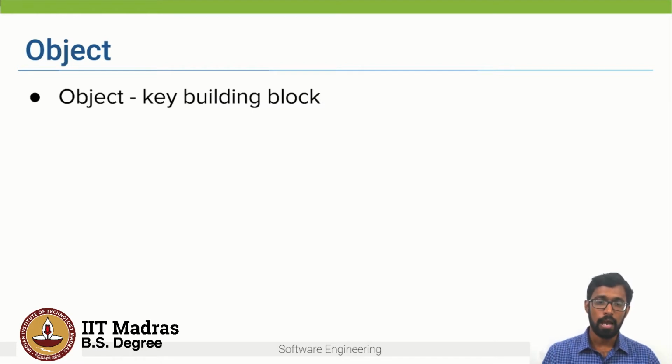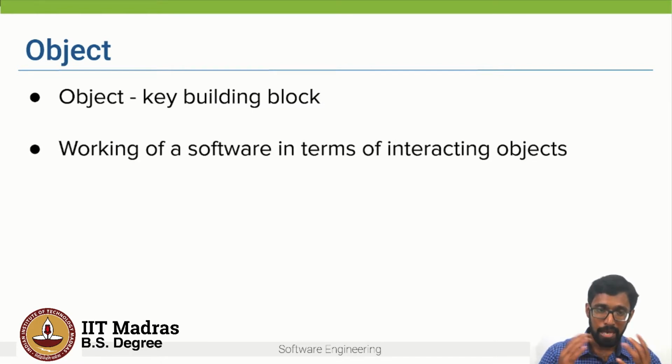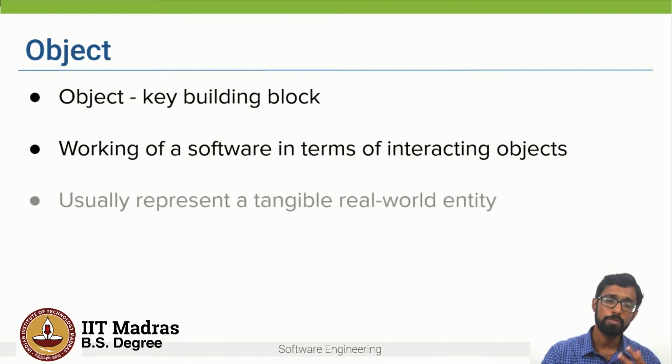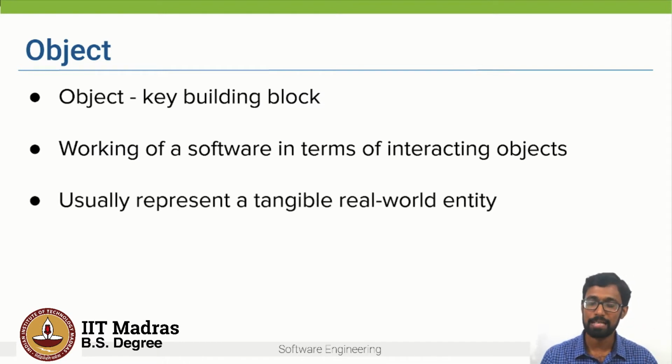And we imagine the working of a software in terms of interacting objects. Objects usually represent a tangible real world entity. So objects in the real world interact with each other to get the job done.